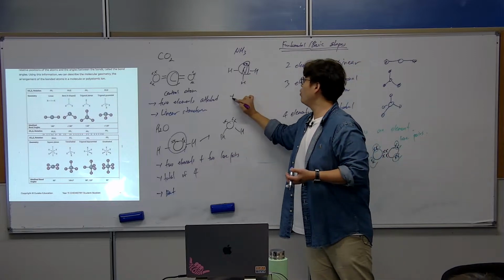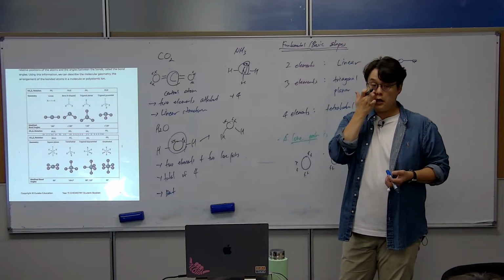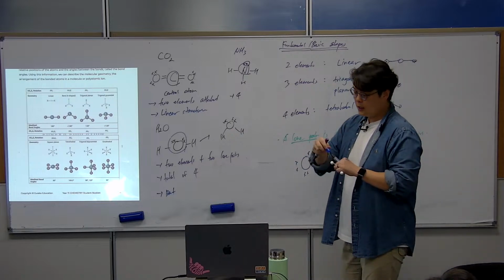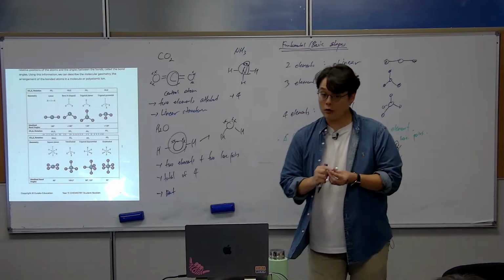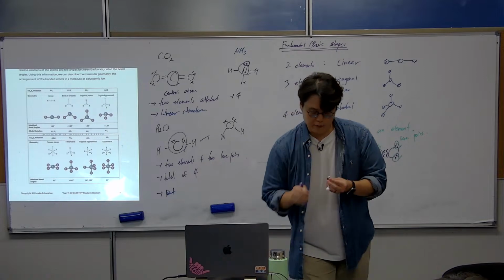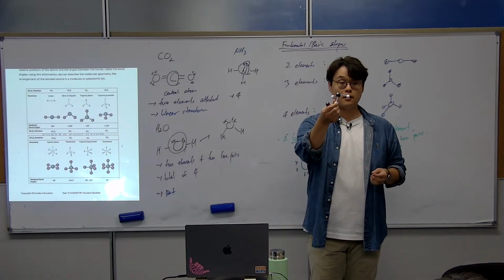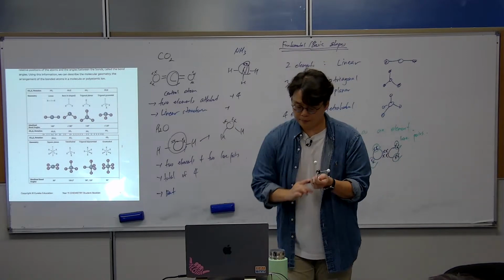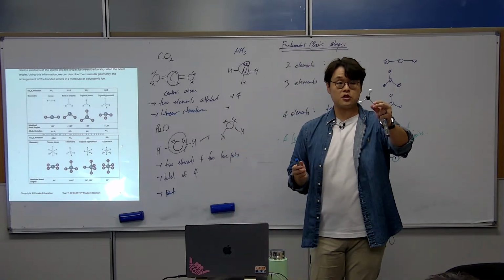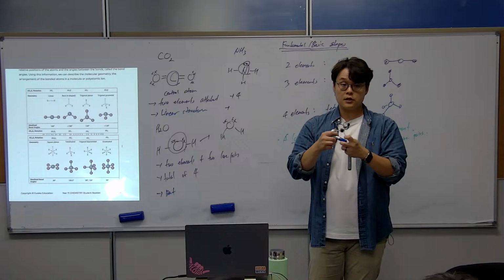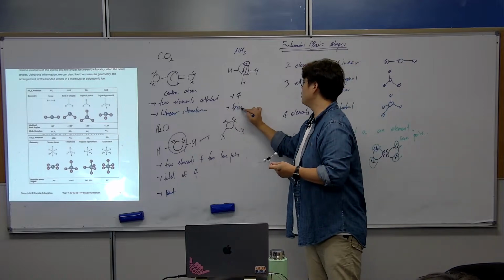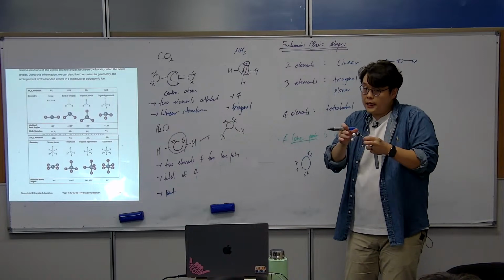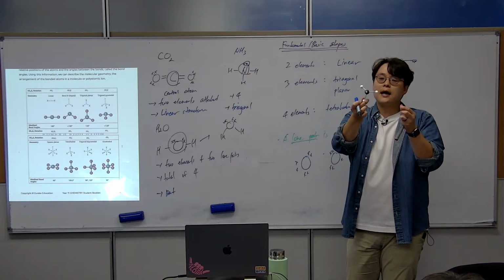So 4 in total. The fundamental shape of the 4 is tetrahedral. Then, as one of those is a lone pair, this will form something that looks like this. As you can see, this makes a kind of triangle, so I use the term trigonal. But unlike the planar shape, this makes some kind of pyramid.